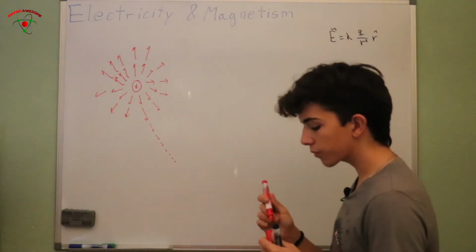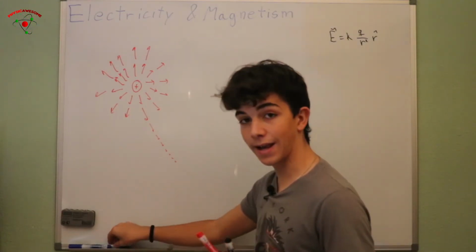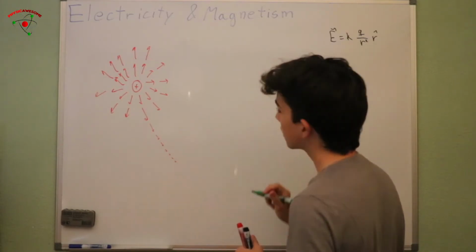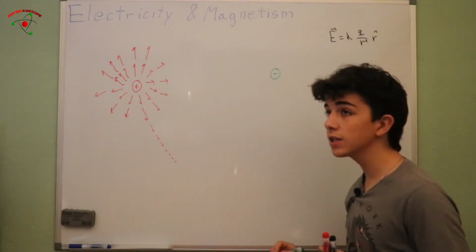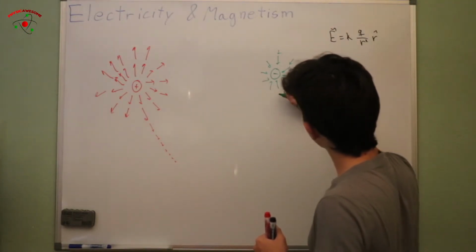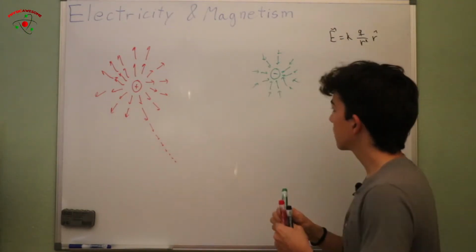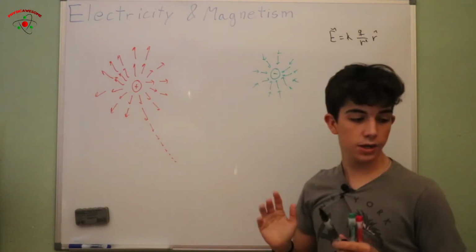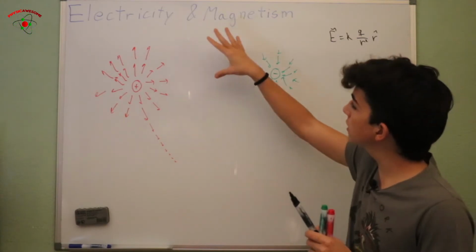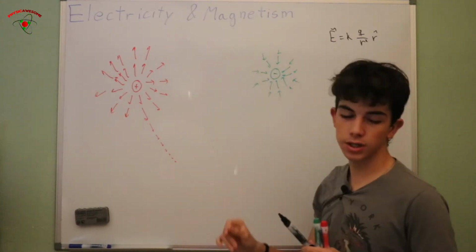If we have a negative charge, we are going to have field lines that are going into it. Therefore, in this way, if we have a positive and a negative charge, I'm going to draw what the field lines will look like here in the middle.